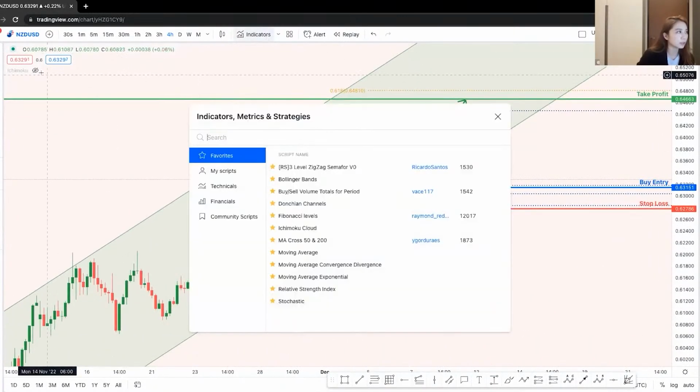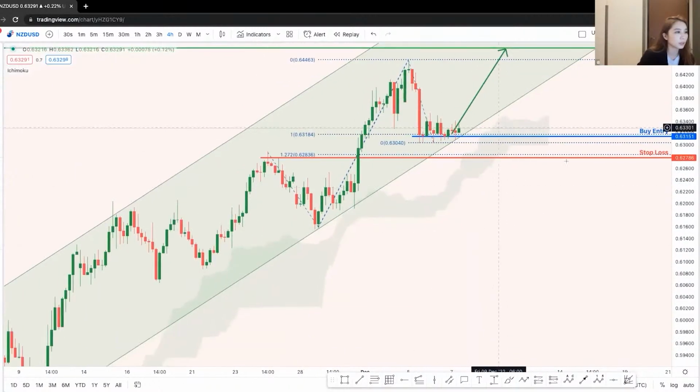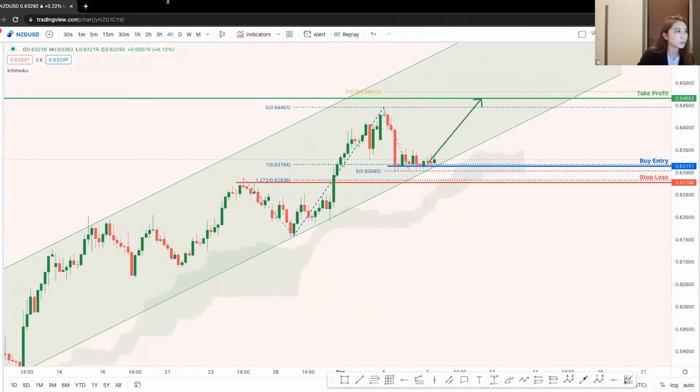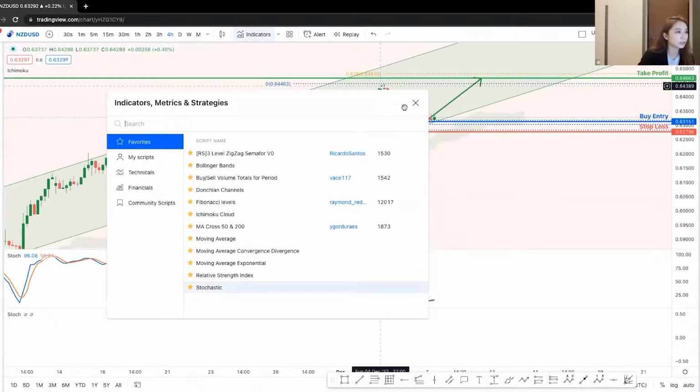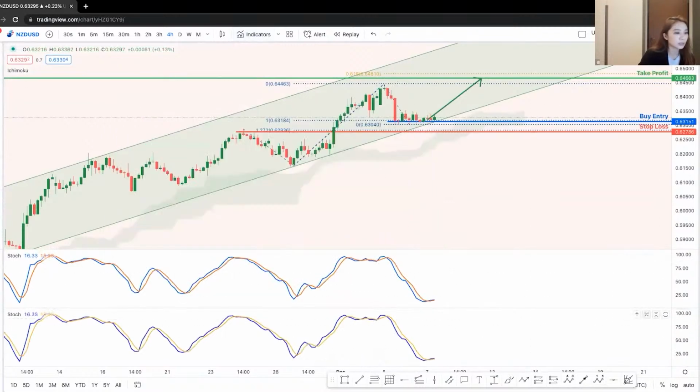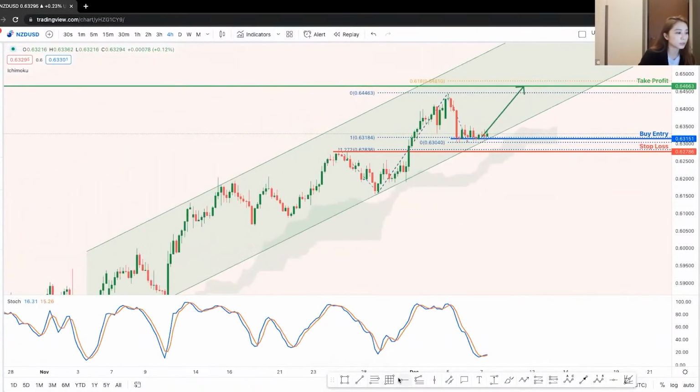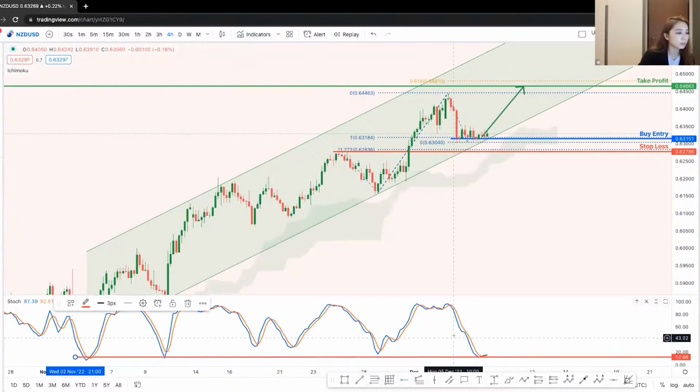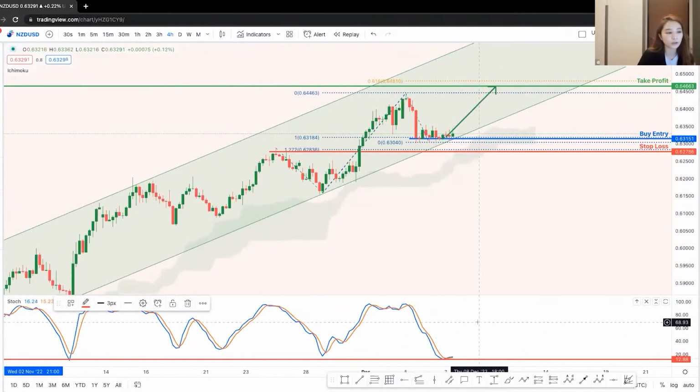Let's take a look at the Ichimoku cloud. Price is holding up nicely above the Ichimoku cloud. Let's look at stochastics. We can see that stochastics indeed has reached the bottom. Looking at a very nice support line, very high chance of it bouncing all the way up.